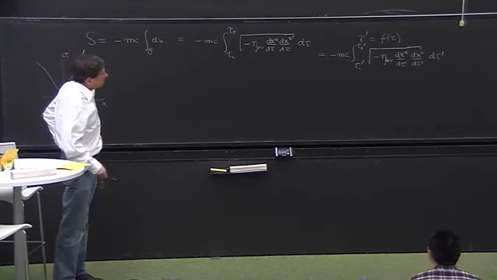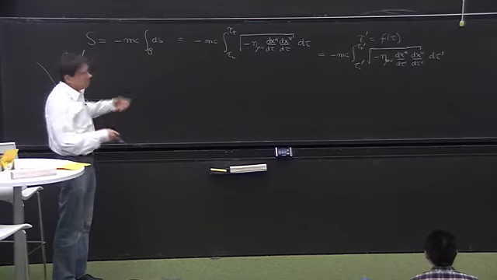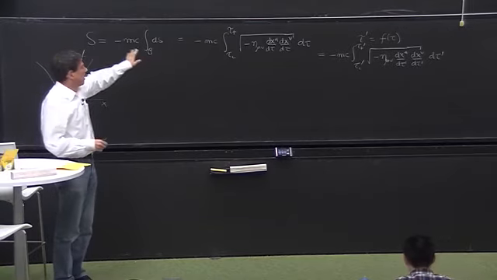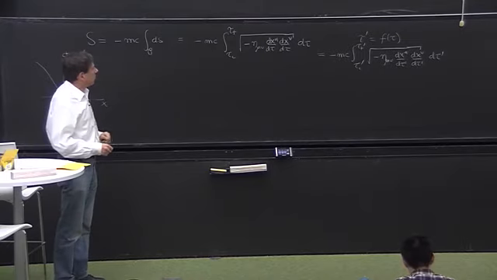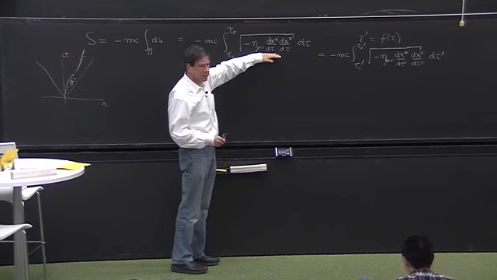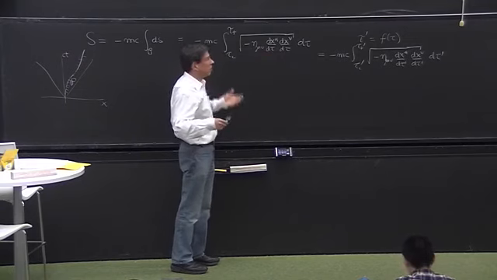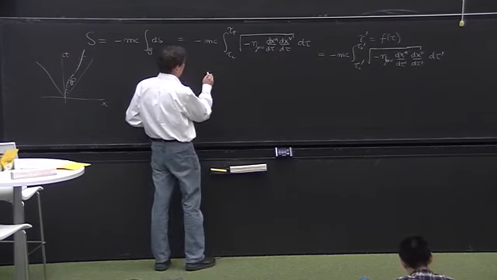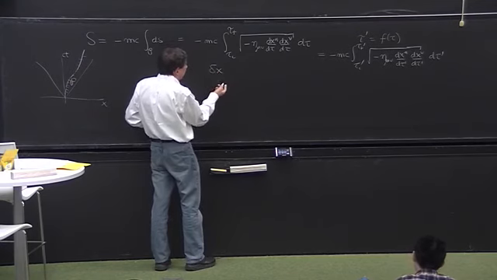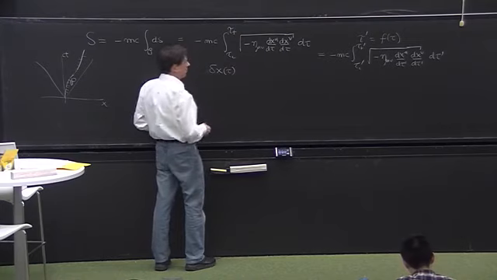So in fact, when we try to vary this action and find equations of motion, we vary it with the help of a parameterization. It's a lot easier because you have to vary the motion. You have to vary x. Well, so you have to parameterize it with something.